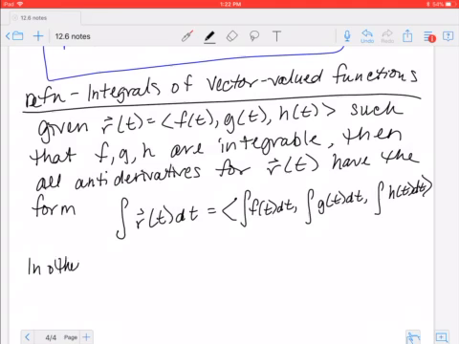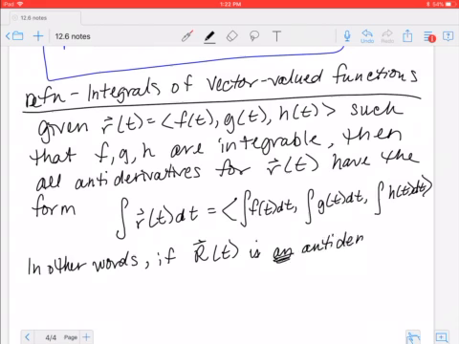In other words, if capital R of t is an antiderivative, because remember, vectors have many that we're looking at. So you can have infinitely many of the parallel vectors that you have, just changing the magnitude.